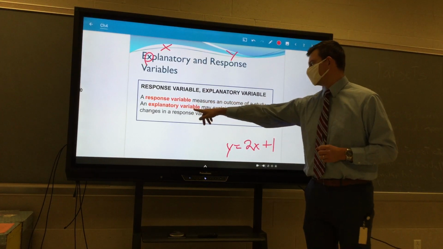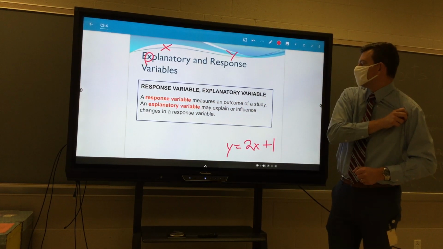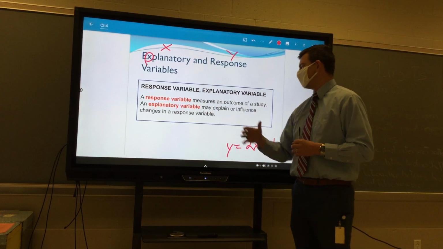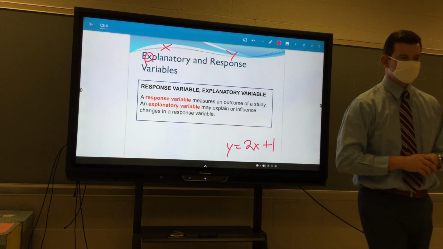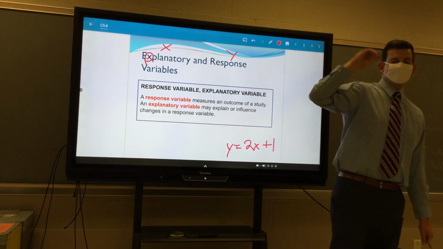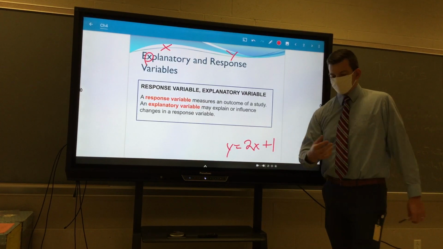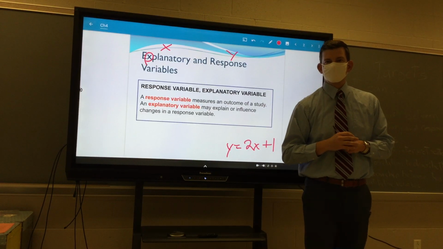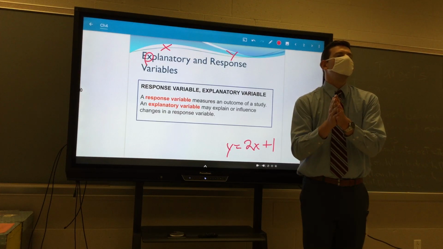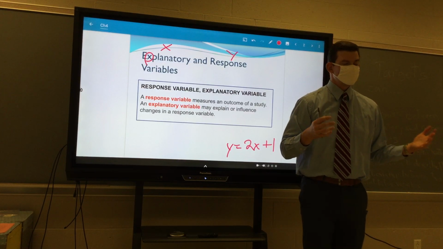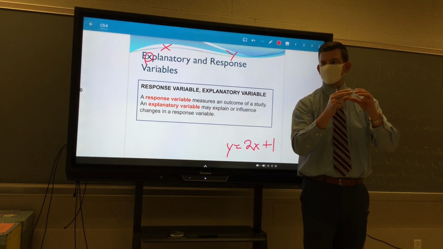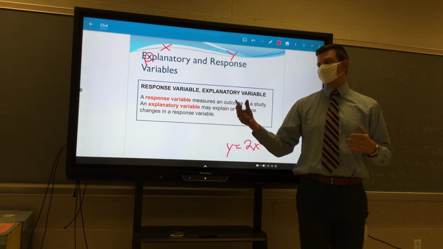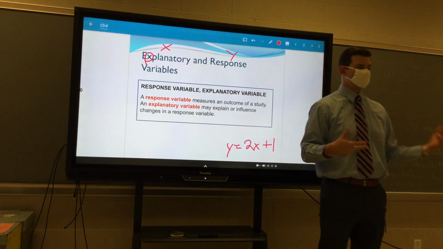The explanatory variable may explain or influence changes in the response variable, and the response measures the outcome of the study. So if you're working for a drug company and this new pill you've developed might help people lose weight, then the explanatory variable is taking the pill or not taking the pill. The response variable would be the amount of weight that's lost.